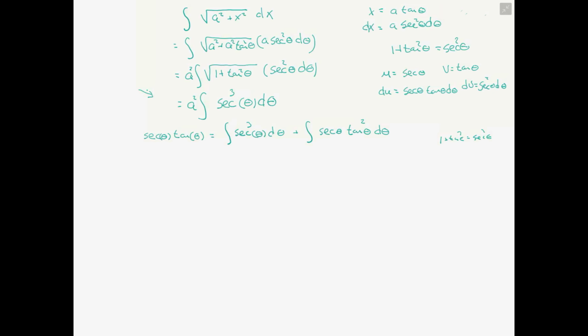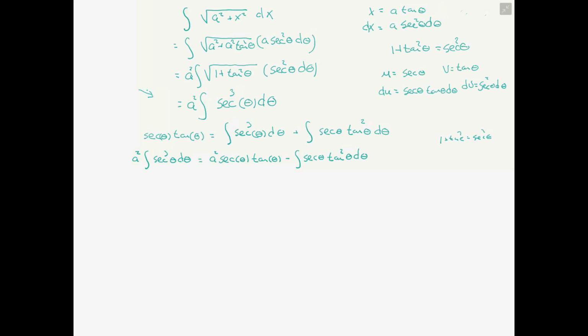Let us just organize things around. So let's get secant to the third theta d theta equals, and a squared there, so equals a squared secant theta tangent theta minus secant theta tangent squared theta d theta.